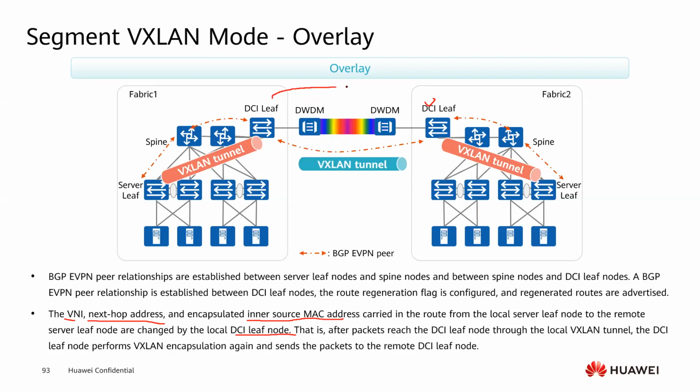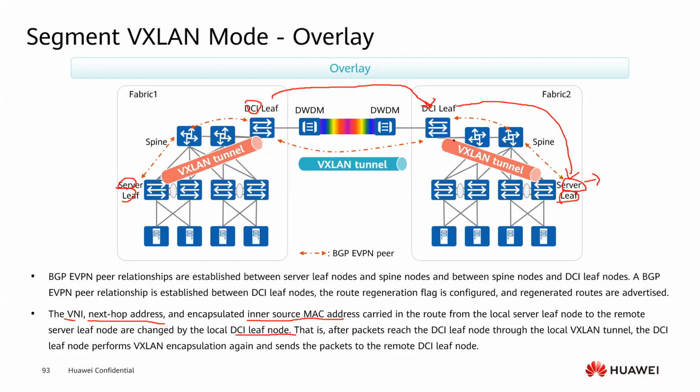When the DCI leaf sends the BGP route to this DCI leaf, it will change the VNI, the inner source address, and the next hop to itself. And when this DCI leaf sends the BGP EVPN route to this server leaf, it will also do these things. So for this server leaf, when it tries to send a packet to that server leaf, it will know the inner source MAC is this DCI leaf, the next hop is this DCI leaf, and the VTEP is this DCI leaf.